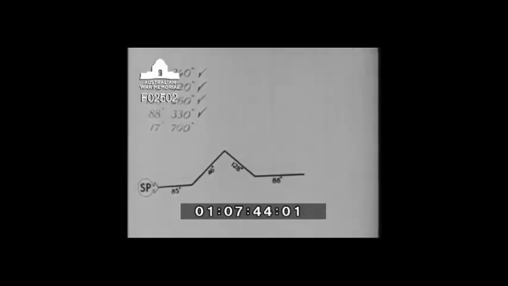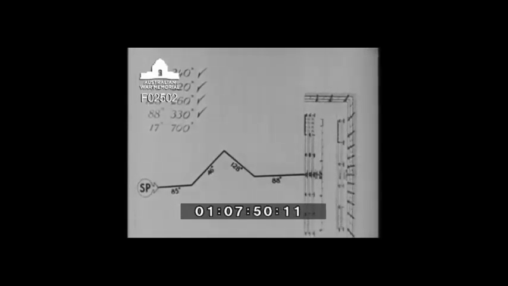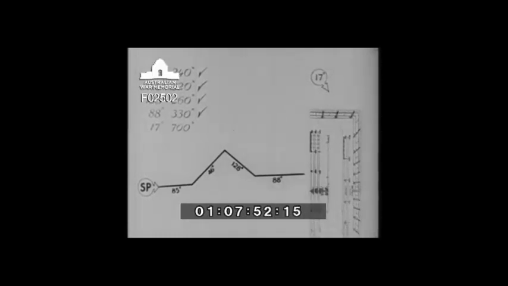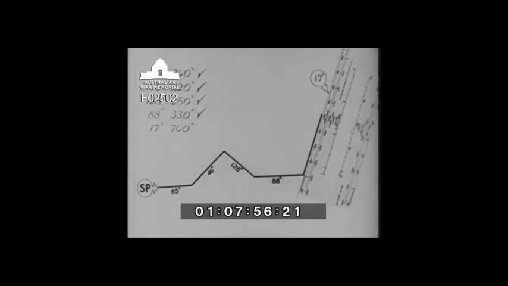Finally, he draws his line of observation across the river. Distance, 700 yards, on the observed bearing of 17 degrees. This marks the position of the enemy gun.